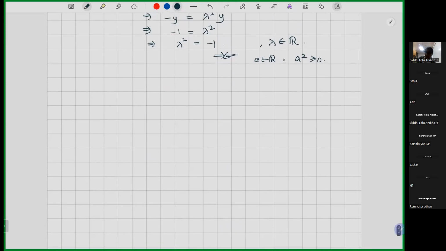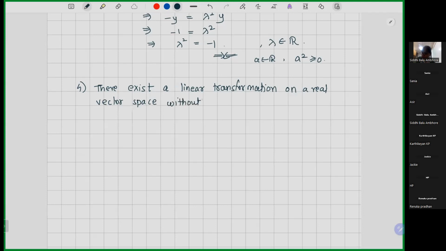And so this is now fine: there exists a linear transformation on a real vector space without a real eigenvalue.